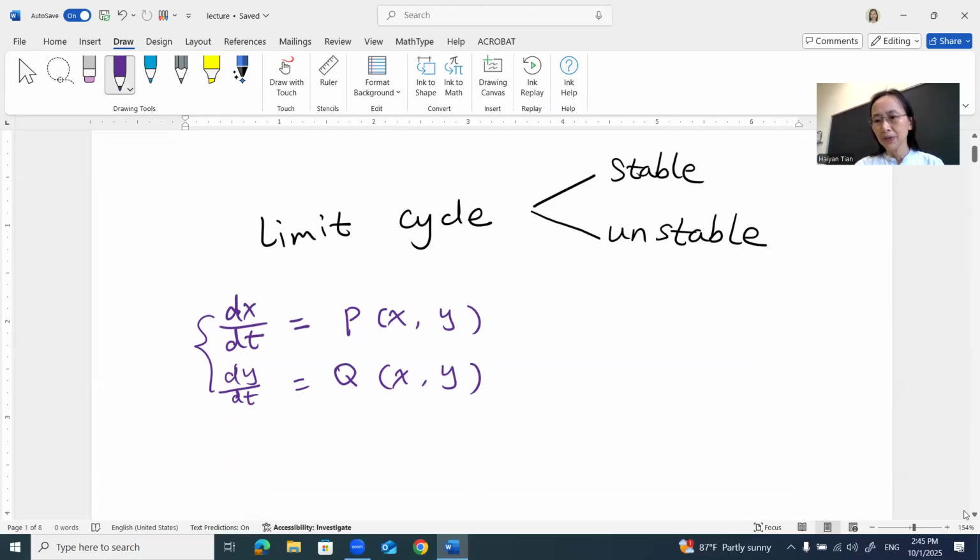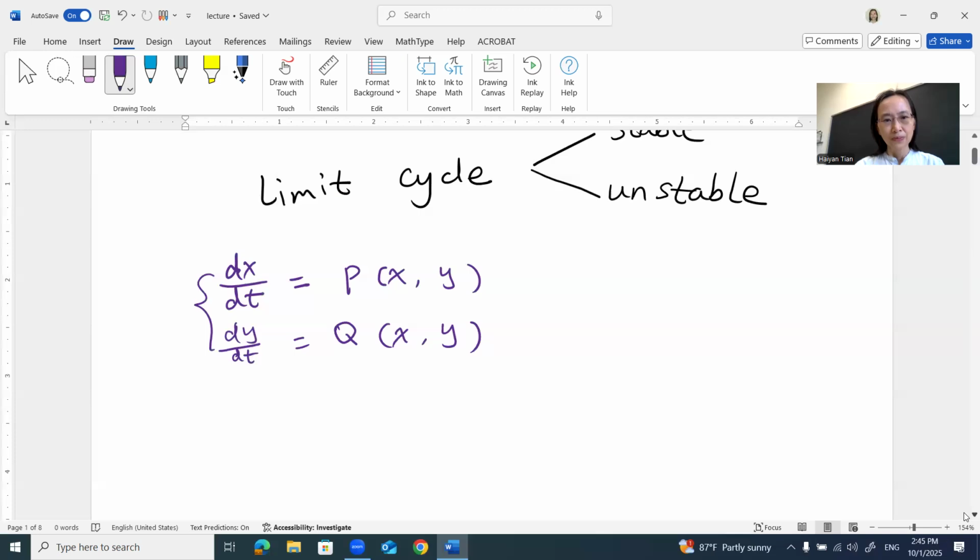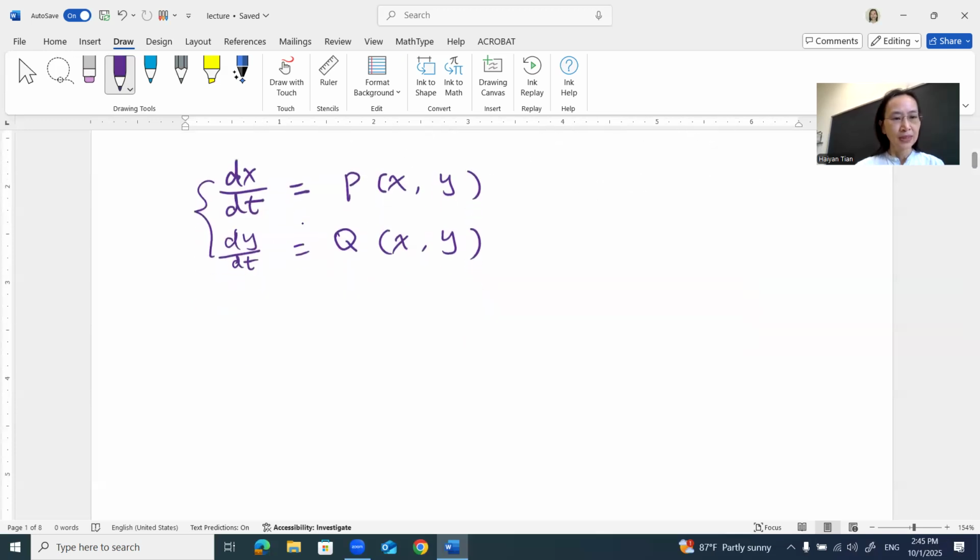Here's an example. In this example, we assume P is specifically this expression. dx/dt, the P is given as this expression.